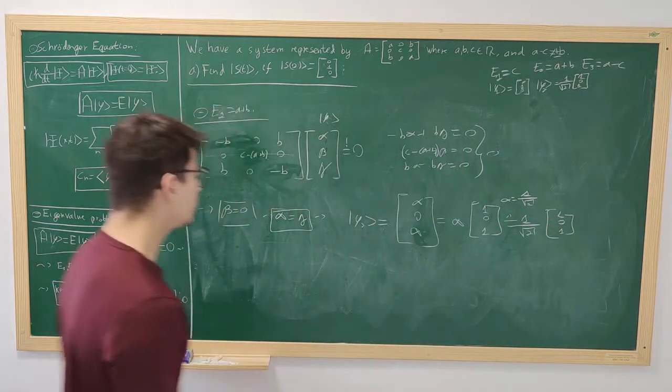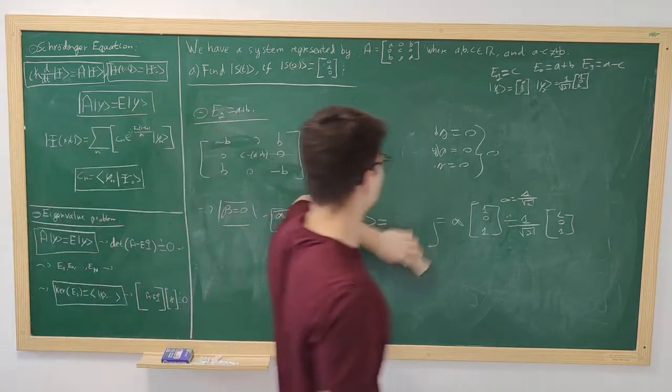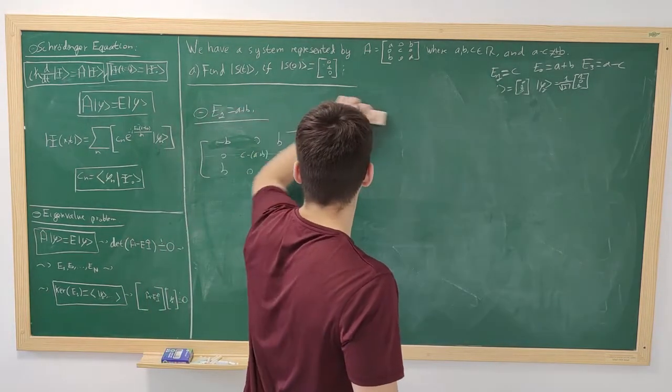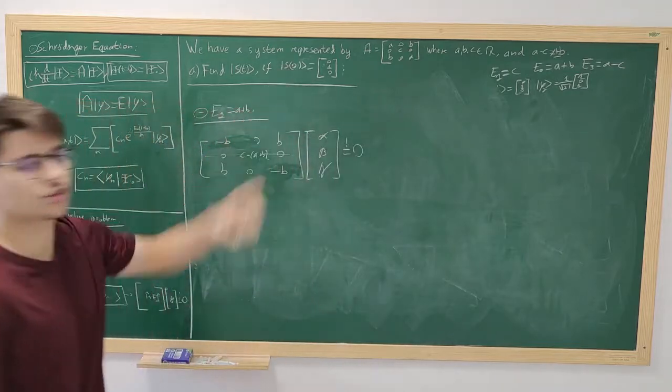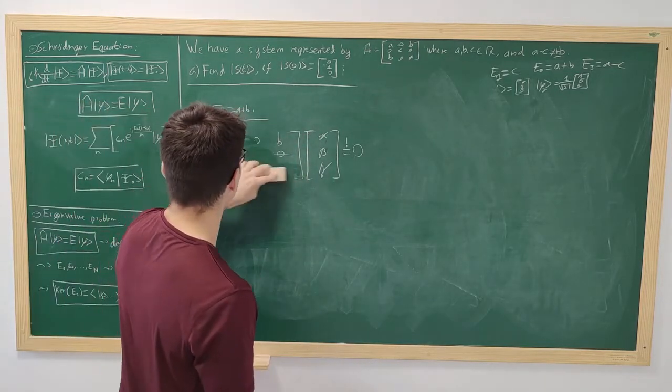And for the last one, we will do the exact same. Let me just erase this, and let's just do it. After this, this is just pretty straightforward. There are no mysteries.